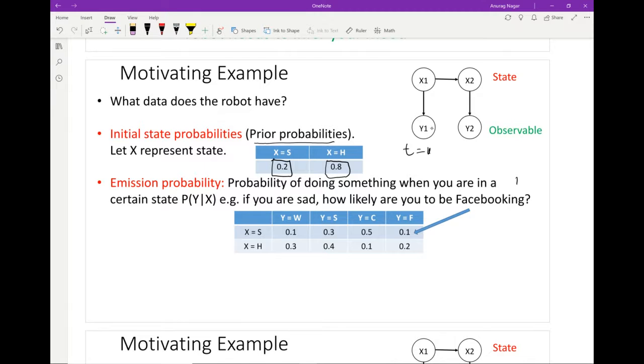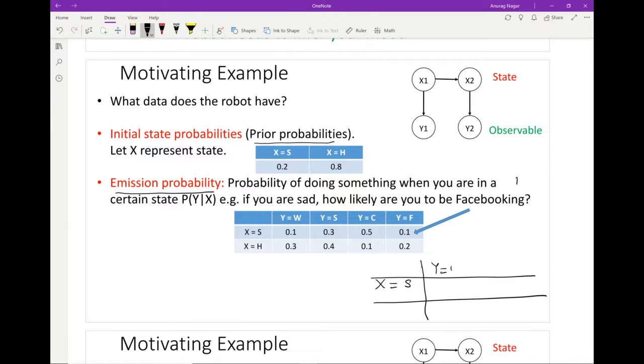Then there is something else, which is the emission probability. What is emission probability? Suppose you are in a sad state, then how likely are you to be doing something? That is called emission probability. If you are in a sad state, what is the probability that you will be watching the Game of Thrones? 10%. If you are in a sad state, what is the probability that the observed state is sleeping?